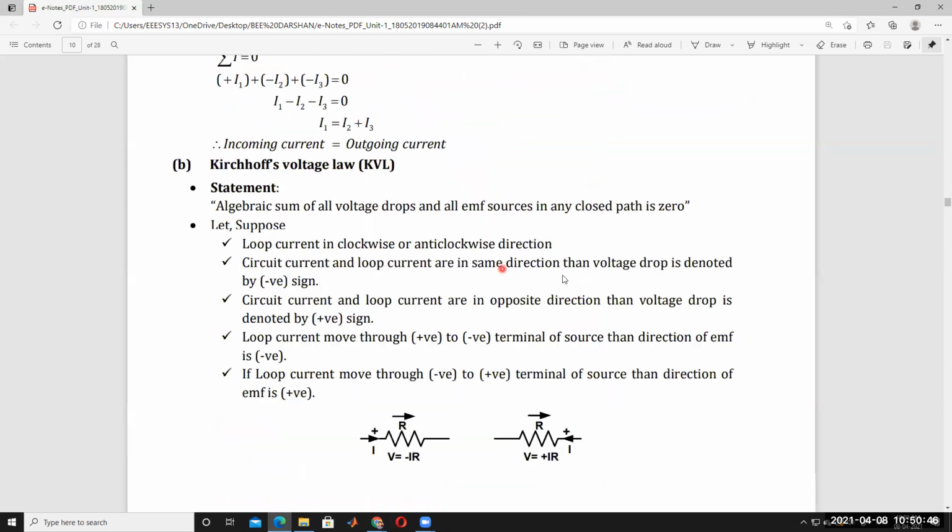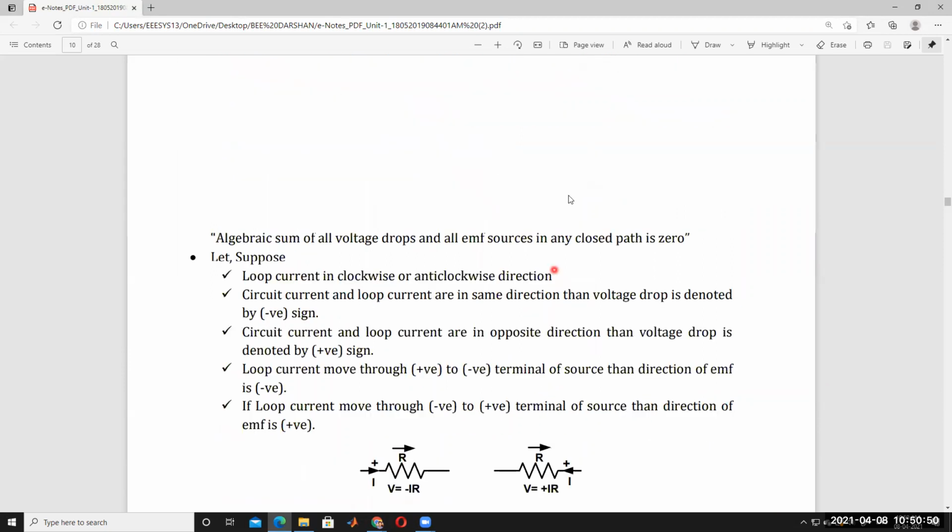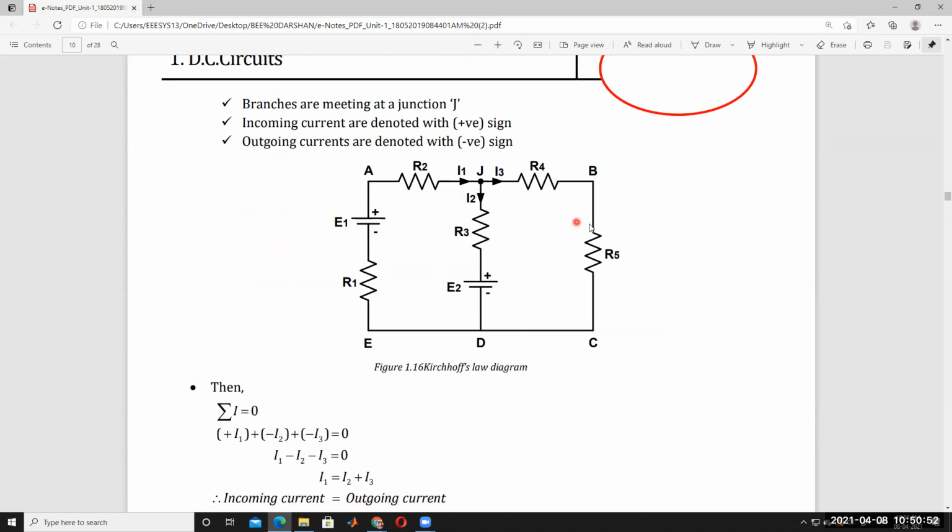So if the current enters the negative terminal, what is the indication? Plus E2. And then our circuit current is in this direction. What is the branch current? Downward direction. That's why plus I2 into R3. Is it clear?